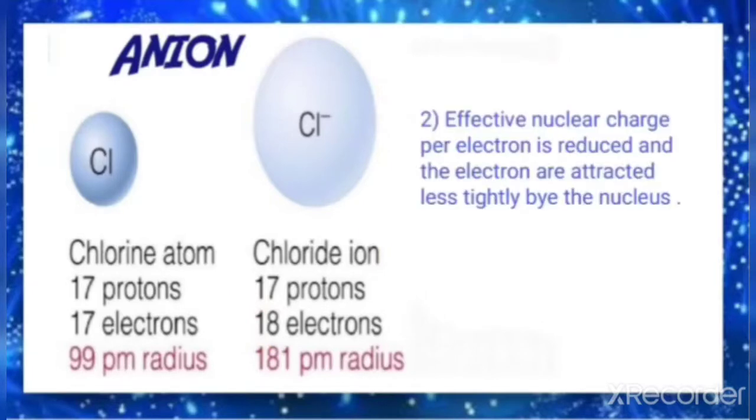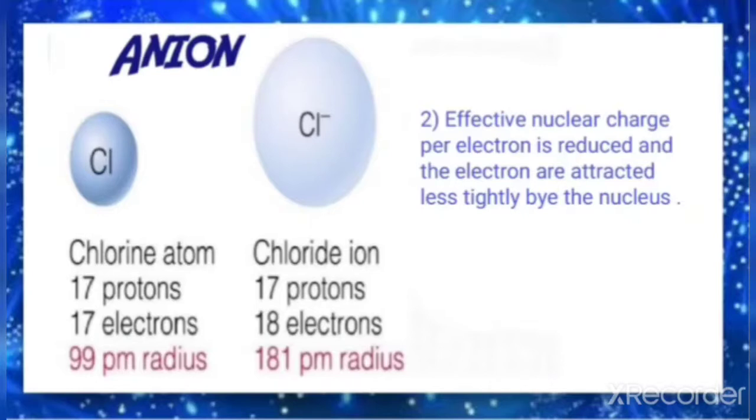So the nuclear charge is less effective. The effective nuclear charge per electron is reduced and the electrons are attracted less tightly by the nucleus. As the number of electrons is increased, the effective nuclear charge per electron is reduced. The nuclear charge is less effective, that means less strong, so there will be less attraction.